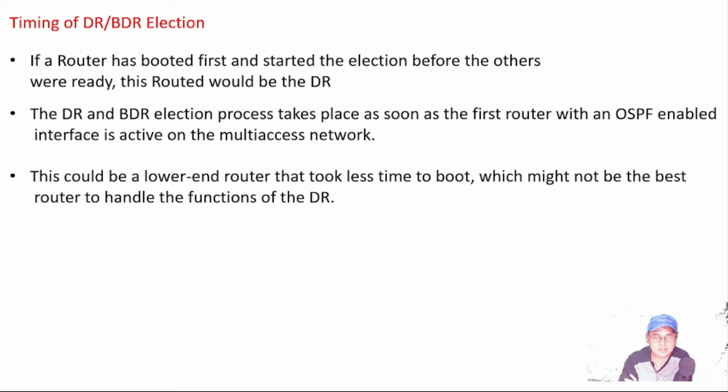Apart from applying the criteria of electing DR and BDR, the actual scenario is that if a router has booted first and started the election before the others were ready, this router would be the DR. So in the three routers that I have shown you a while ago, whichever router you configure first, even if that router has the lowest router ID, that would become the DR. This is a very important note that I'll be showing you later on.